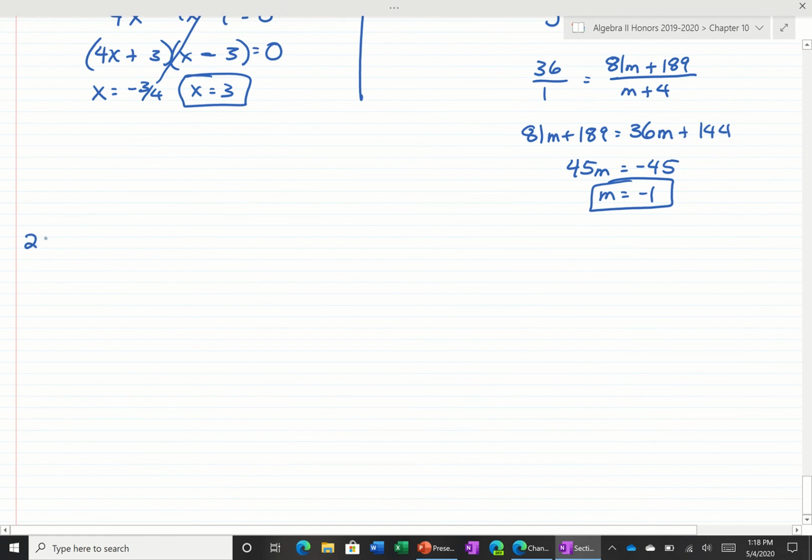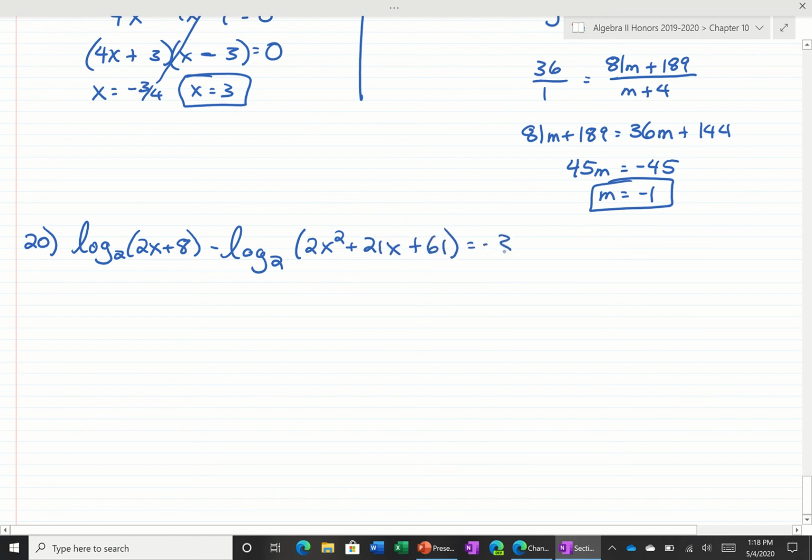And we have one more problem to do. Problem number 20. It says we have log base 2 of (2x + 8) minus log base 2 of (2x² + 21x + 61) equals −3. So this is a quotient property.